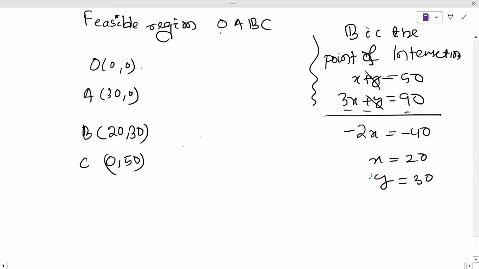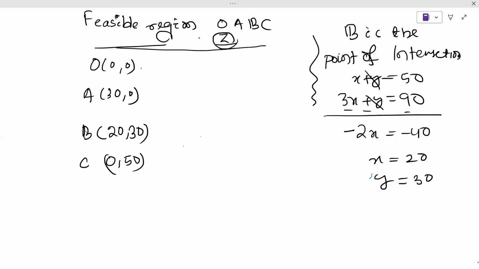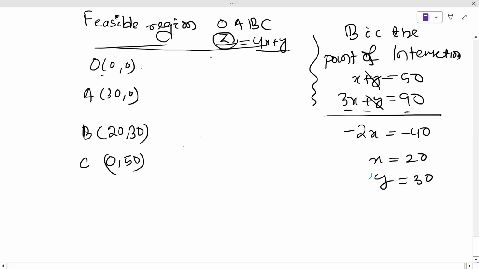We need the objective value of Z, and we are searching for the maximum value of Z, because our objective is to find the maximum value. At (0, 0), Z is 0.